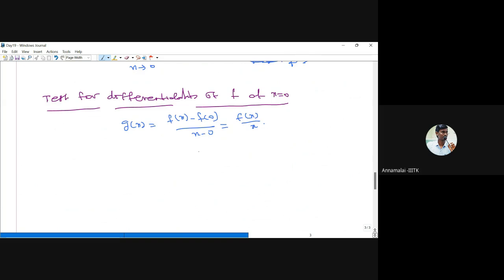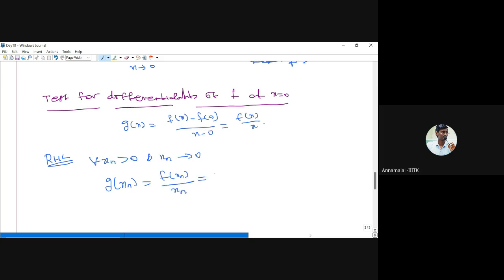So first, what is the right hand limit of the function g of x? If we take any sequence xn which is greater than 0 and xn converges to 0, then what is g of xn? g of xn is nothing but f of xn by xn.